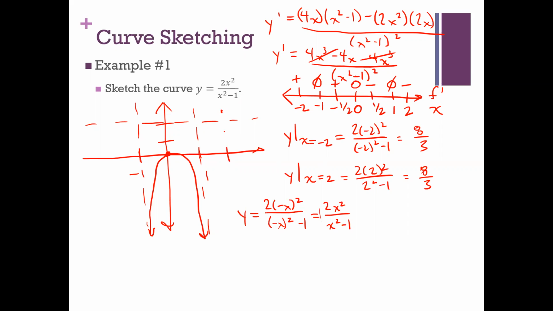Also, we know that our graph is doing what over here? Is it increasing or decreasing? It's decreasing. So I believe it's going to look something like this. And through symmetry, and the fact that I know the function's increasing over here, it's going to do something like that. And pretend I didn't cross the asymptote, I didn't mean to.